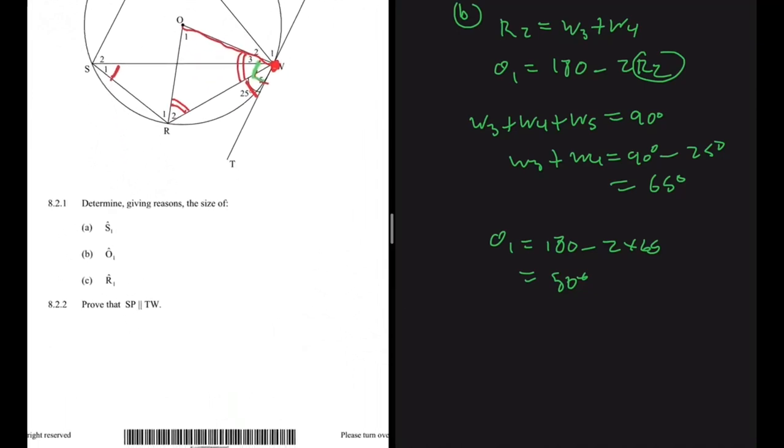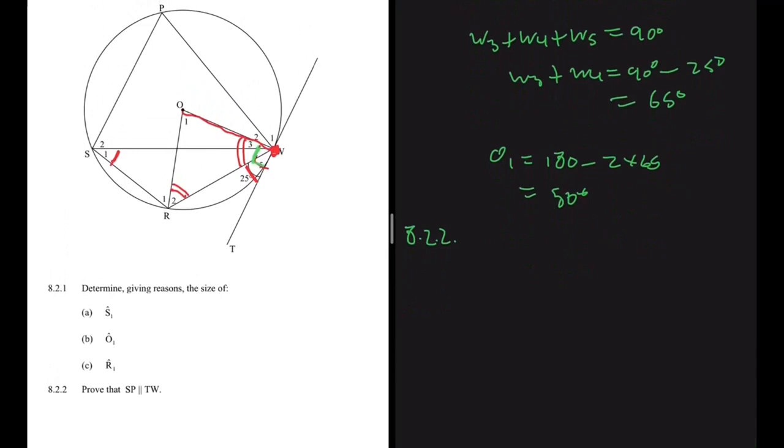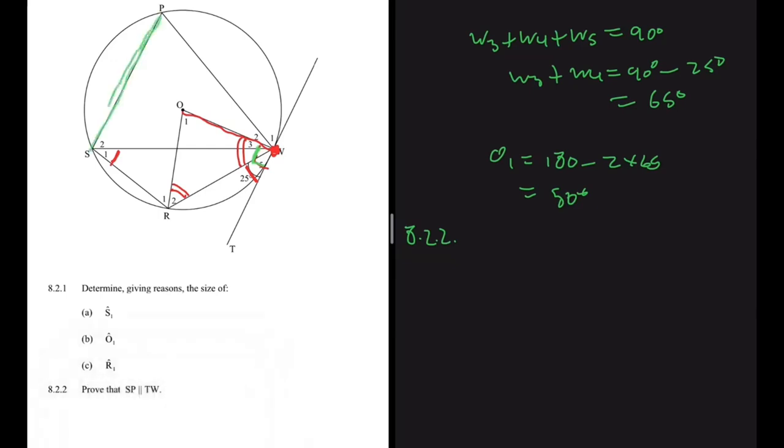And now let's do 8.2.2. 8.2.2 says, let's prove that SP is parallel to TW. So we're proving that SP is parallel to TW. Obviously, we don't have coordinates here, so there's no way we're going to be calculating the gradient. We have to do that using angles some way, somehow.